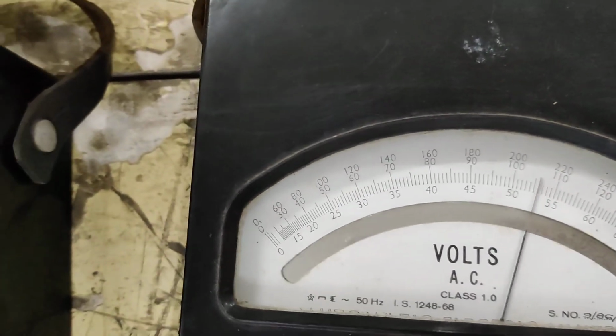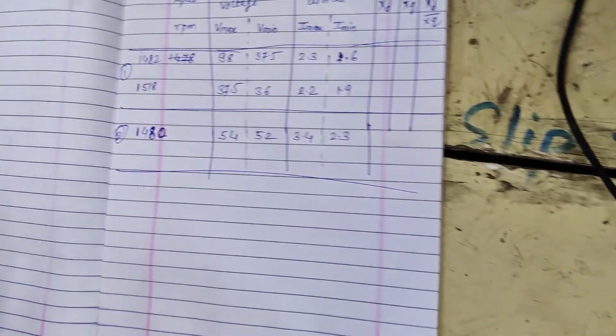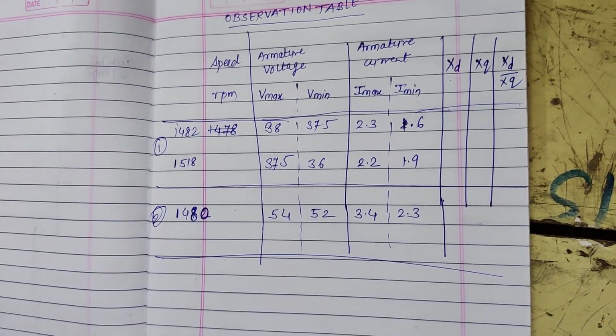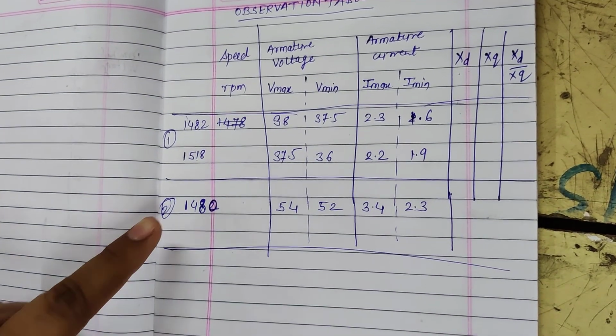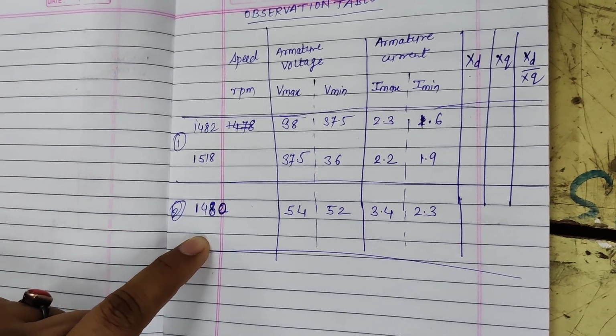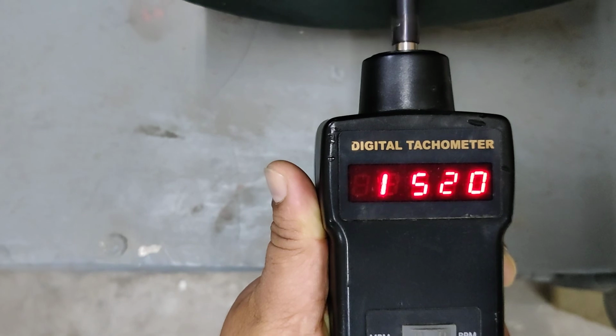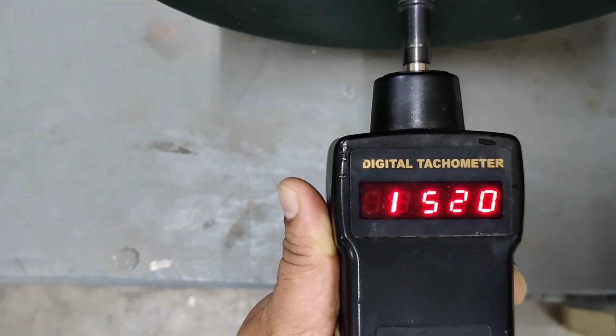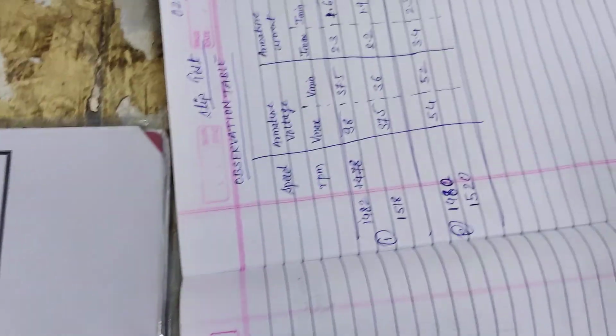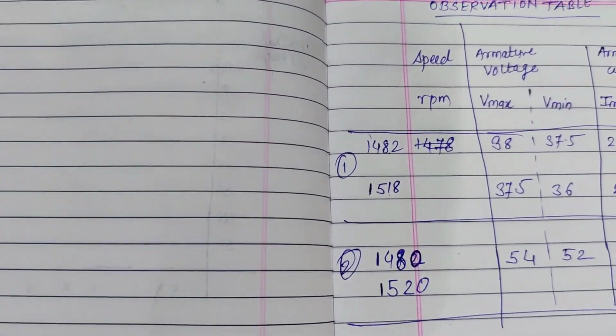So for the same reduced voltage which we have applied across the armature, we will go for higher speed, above synchronous speed, for the same set. 1520, right? And these are the swing in the meters.